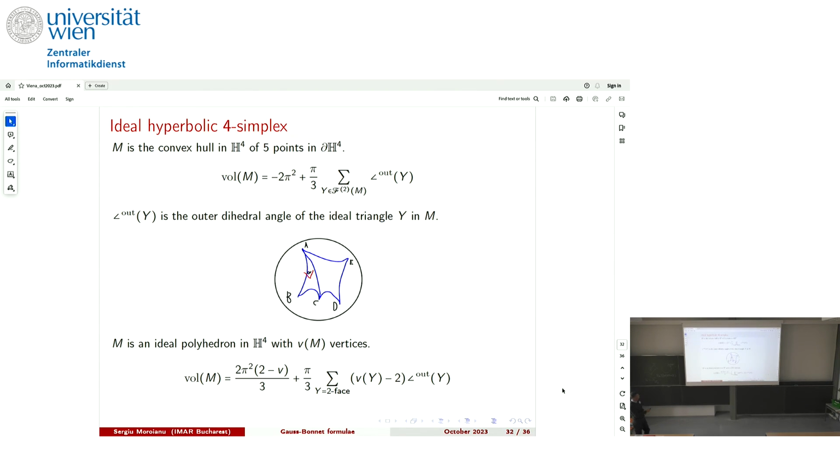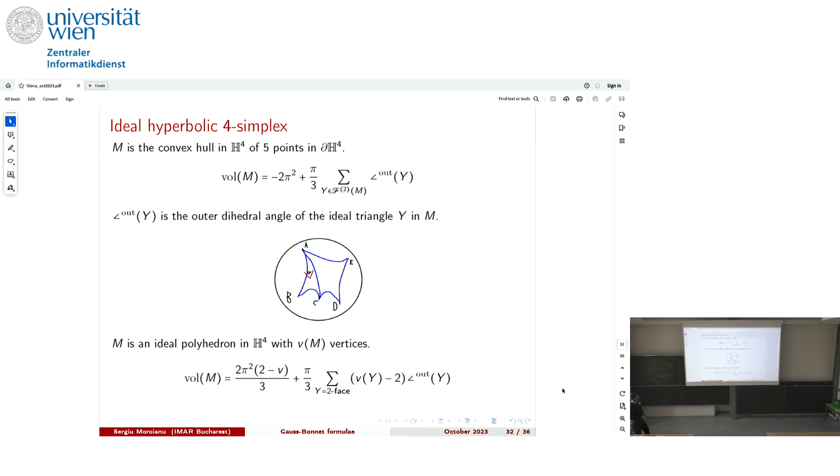Okay, now to answer my initial question, this ABCDE is an ideal hyperbolic tetrahedron. It has 5 vertices, and each triangle has a dihedral angle, because each triangle is codimension 2. So there is a dihedral angle associated to each triangle.